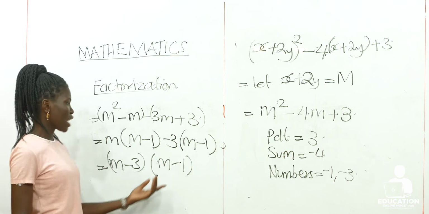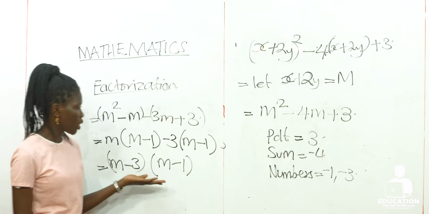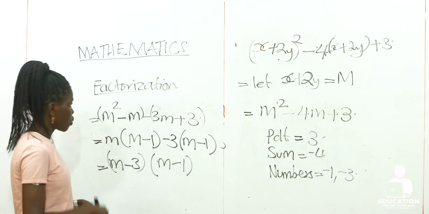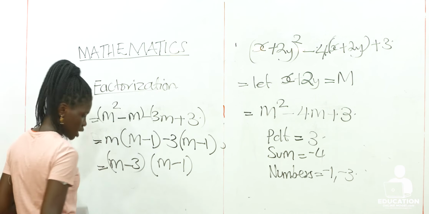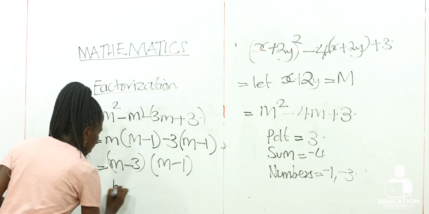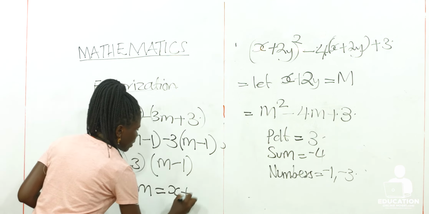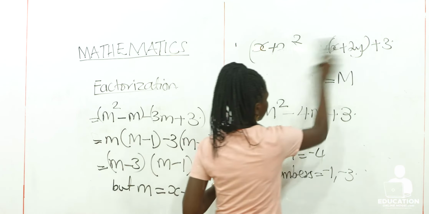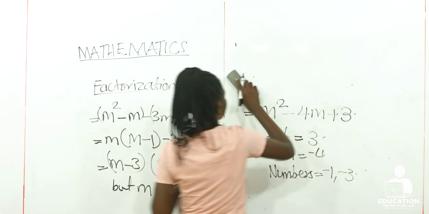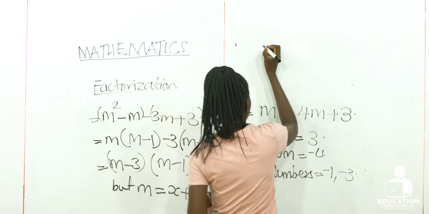But this shouldn't be the end of our answer. Remember, our question did not start with m, but we used the m to help us solve the expression easily. So we are going back to the question and putting m where it belongs. Our m is x plus 2y. So we now have our two brackets.